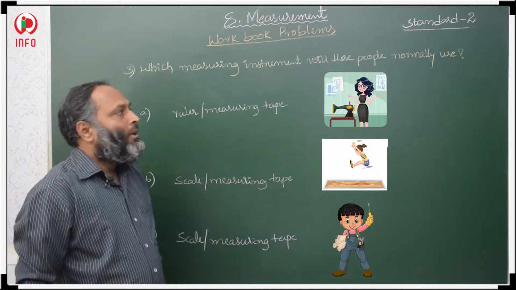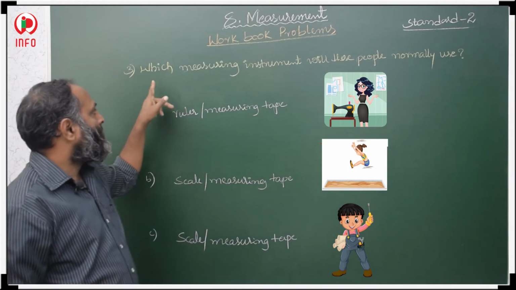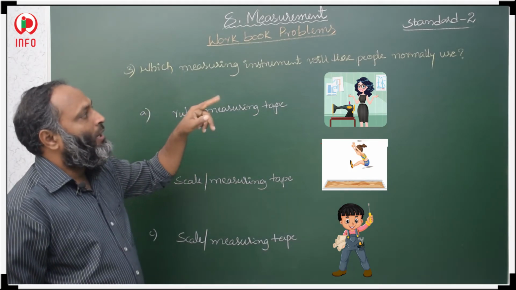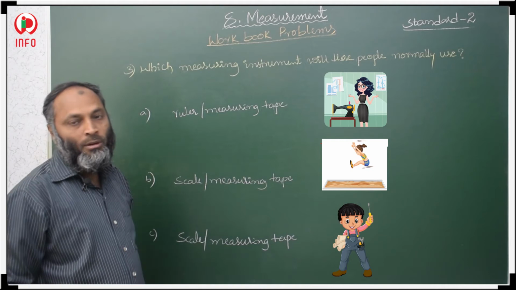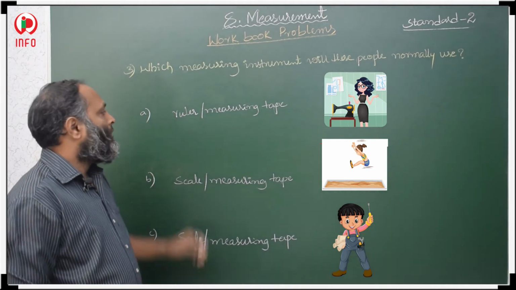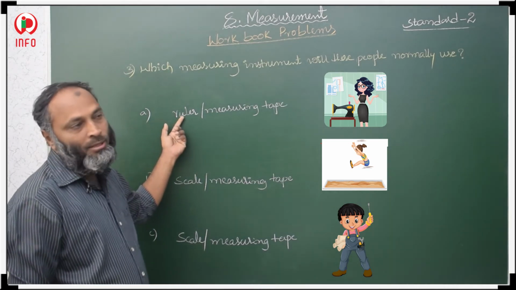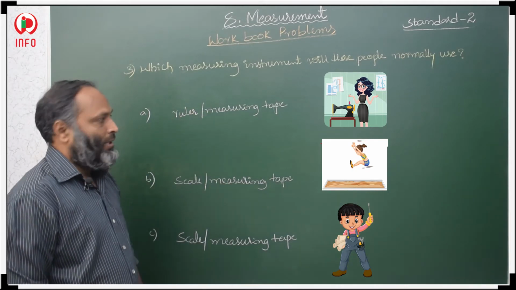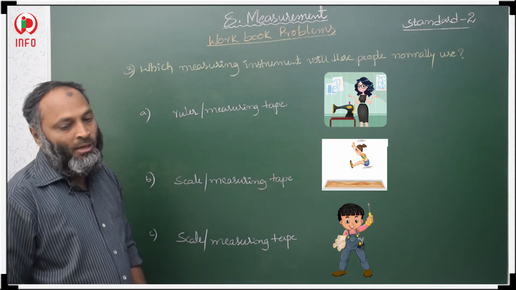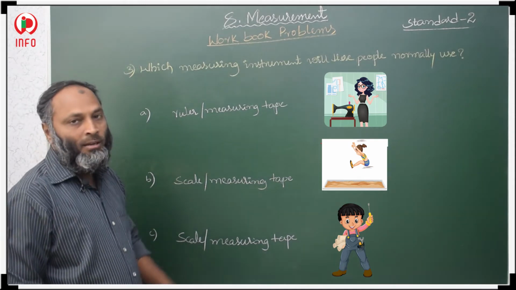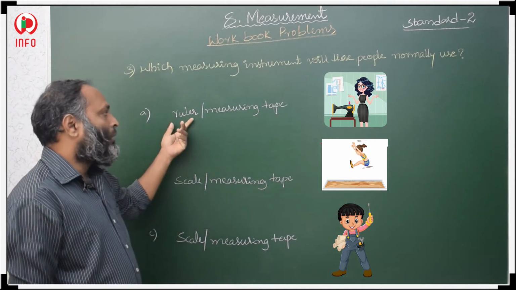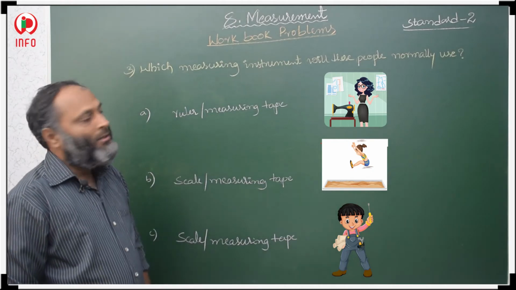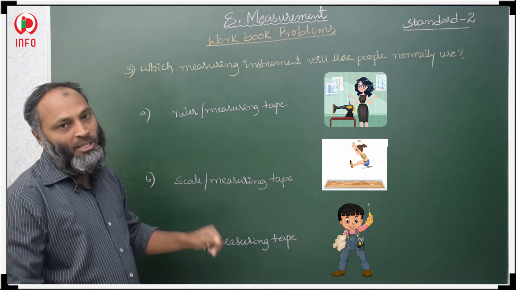Okay. Now students, see here: which measuring instrument will these people normally use? Two types of measuring instruments are given. One is a ruler, the other one is a measuring tape. The first person is a tailor. What is she going to use, ruler or measuring tape? The tailor has a measuring tape.